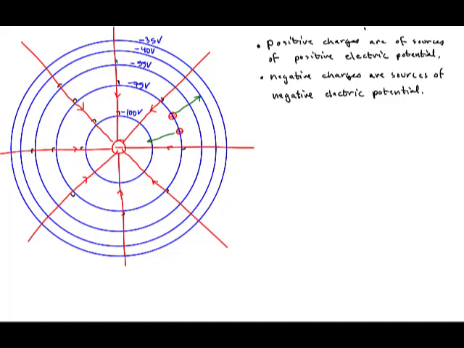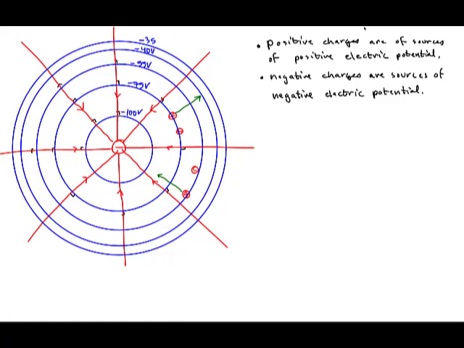And again, in this illustration, if we were to take a positive charge, and let's say we were to place that positive charge right here, and we were to take a negative charge and were to place it right here, remember, positive charge will accelerate in the absence of other conservative fields and external forces. A positive charge will accelerate from high electric potential to lower electric potential, while negative charges accelerate from lower potential to higher potential.